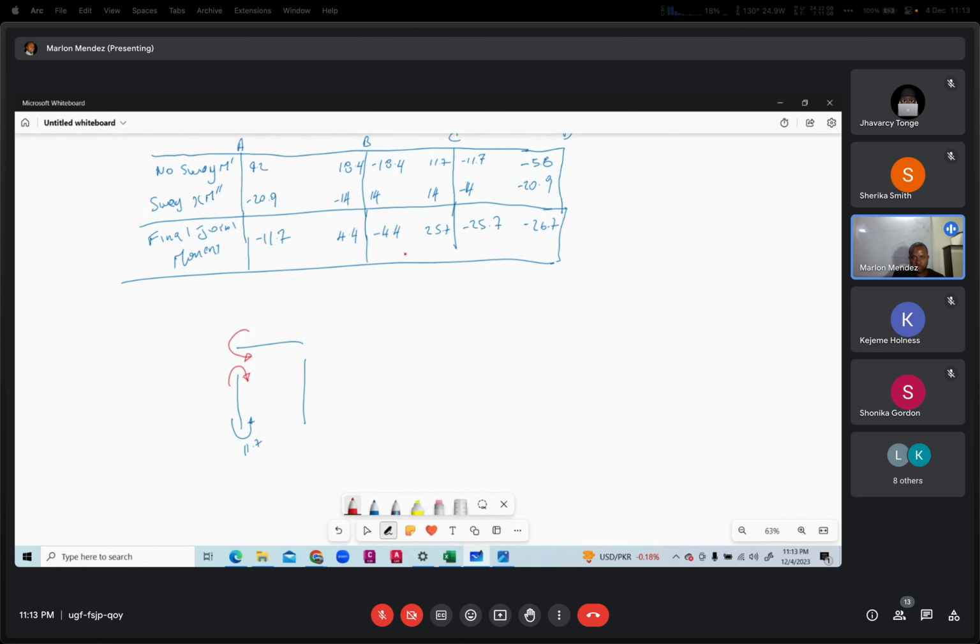This 25.7 is heading positive, so it goes like this. Whereas this one, right at C, is negative, so it is going this way. This is anti-clockwise, so it is heading this way.